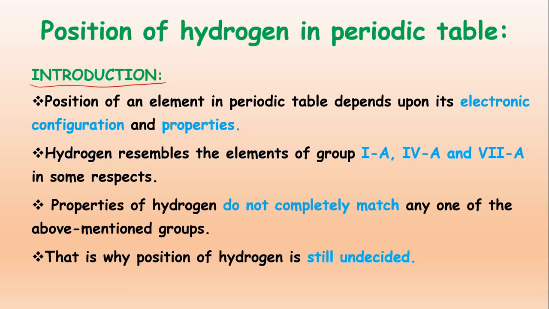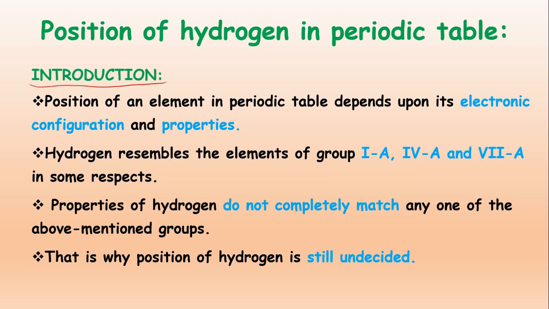Position of hydrogen. Position of an element in the periodic table depends upon its electronic configuration and physical and chemical properties, as we discussed in chapter number 1, that elements are classified into the periodic table according to their electronic configuration and properties.